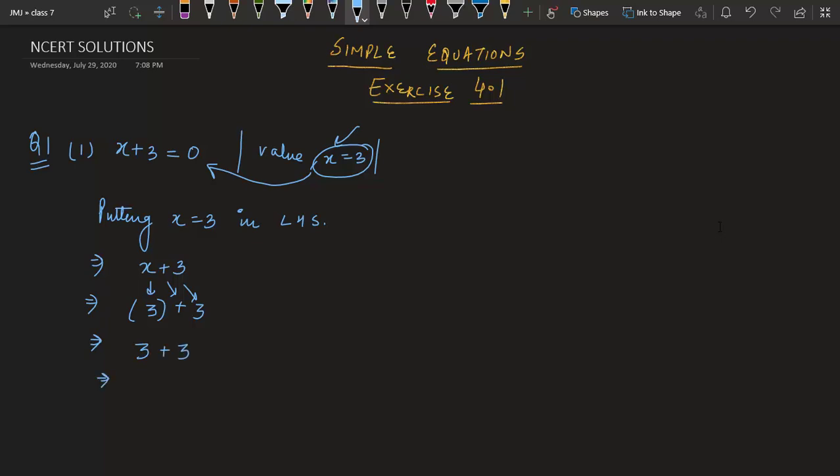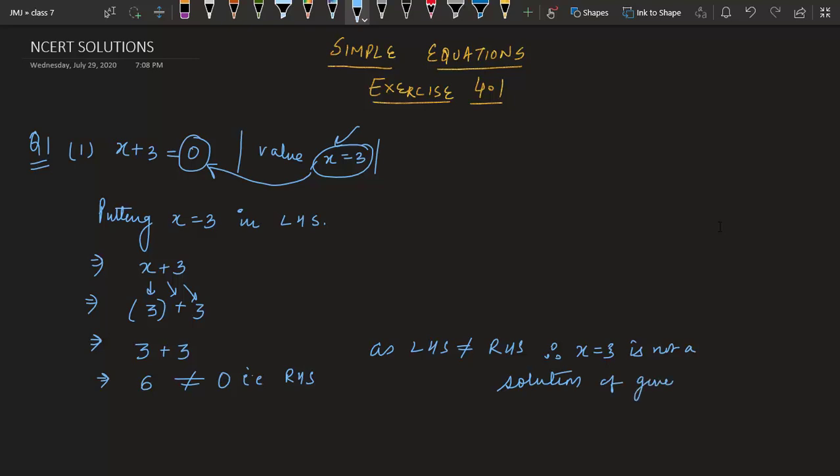So 3 plus 3 is 6, which is not equal to the right hand side that we have, not equal to 0, that is RHS. As LHS is not equal to RHS, therefore x equal to 3 is not a solution of given equation. This way we can check for other parts also.